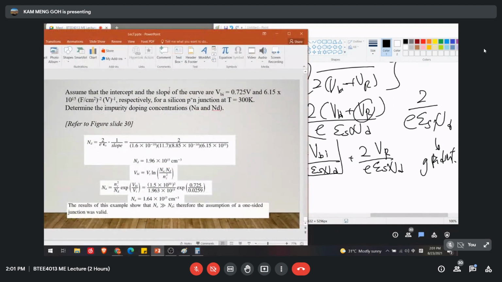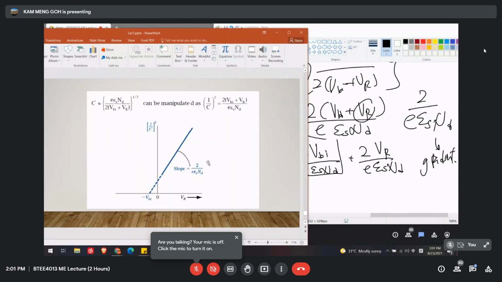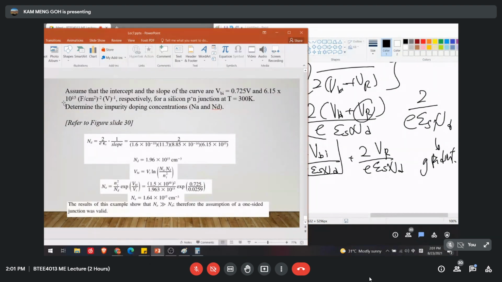So you can do something like this. Assume that the intercept gives VBI equals 0.725. Then the slope is this. Slope is 6.15 times 10 to the power 15, so Nd is 1 over 6.15 times 10 to the power 15 multiplied by these values.